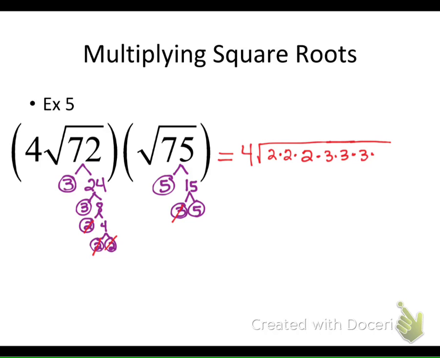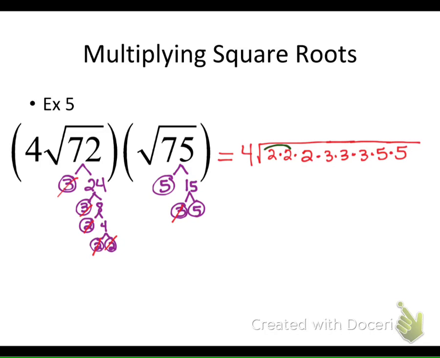And then 5 times how many 5's do I have? 2. Good. Okay, so right there is step 2. And you're down to the last step, which is just simplify as usual.